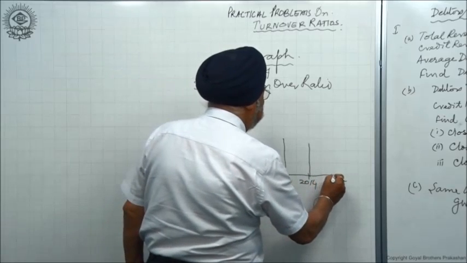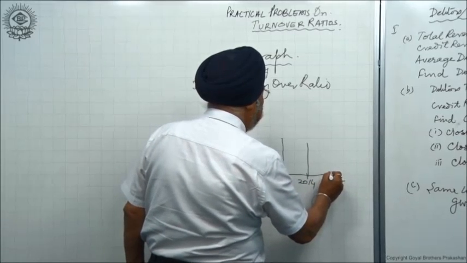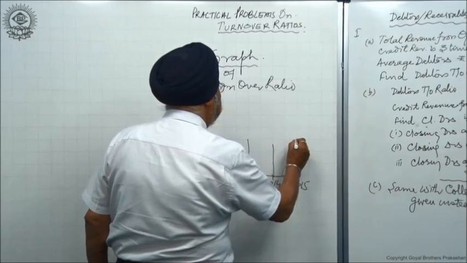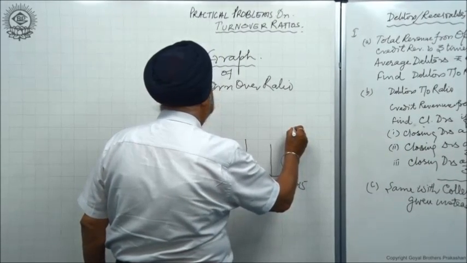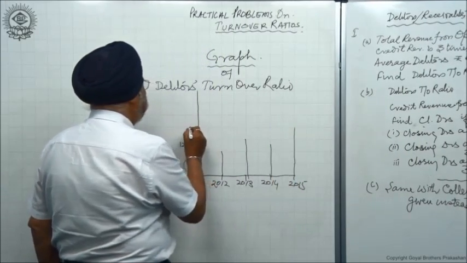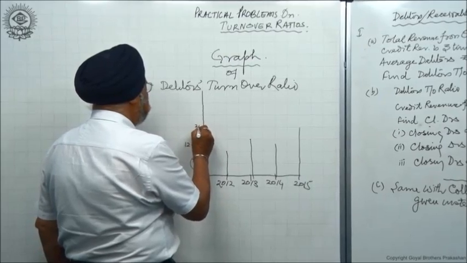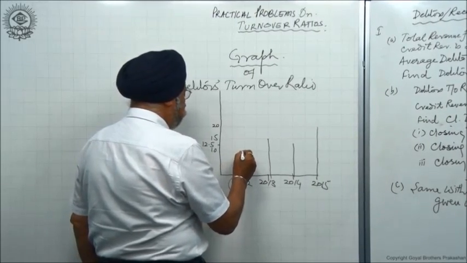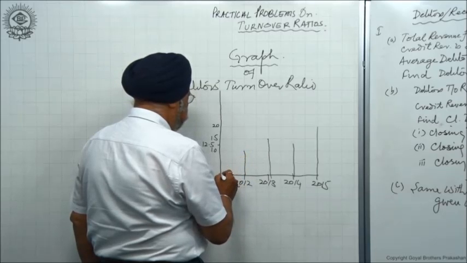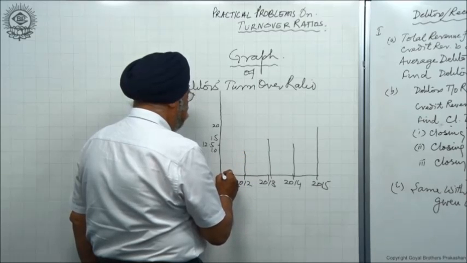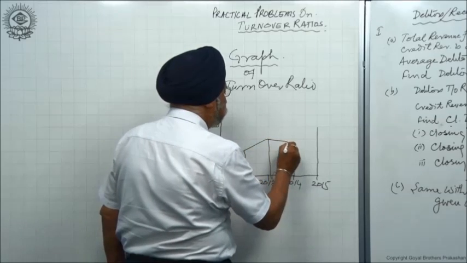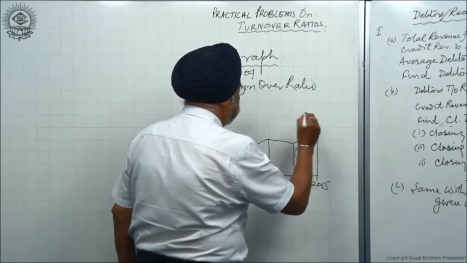Then in 2015, the manager took great care to see that the turnover increases and it went up to 20. Now, this graph starts from 0, goes like this and then like this, then it comes down and again goes like this.